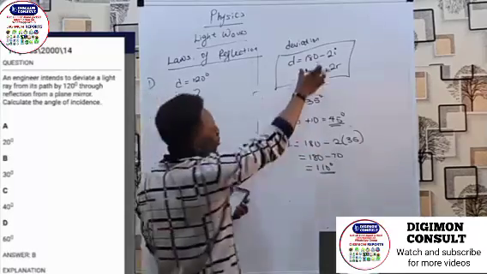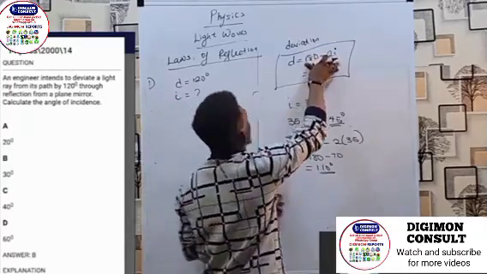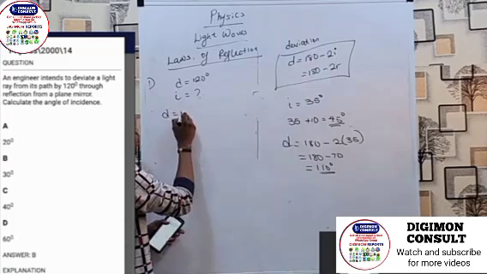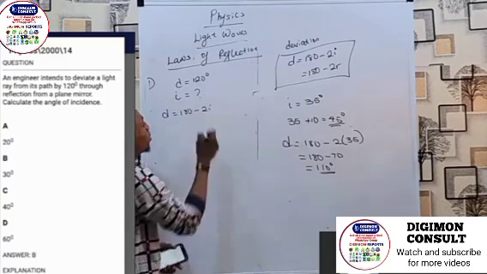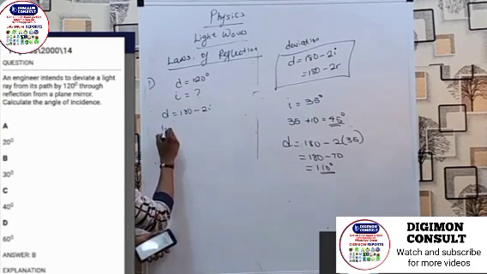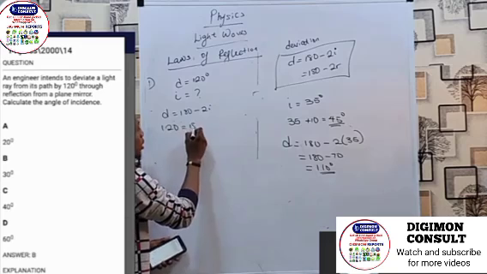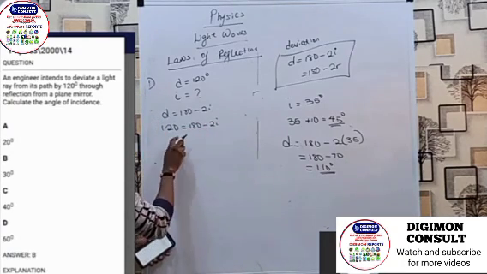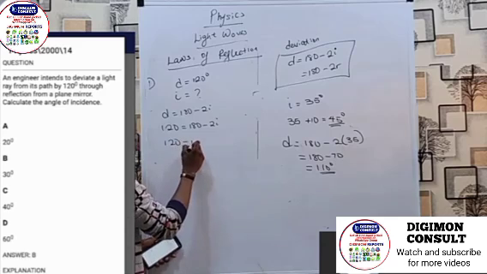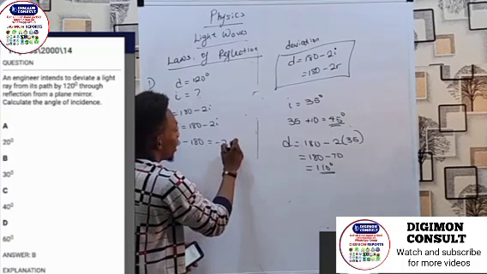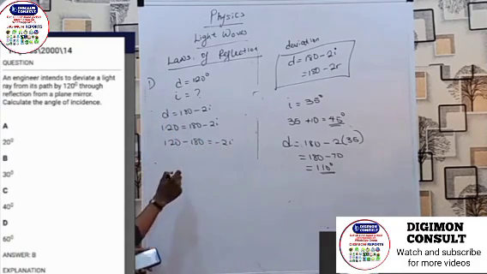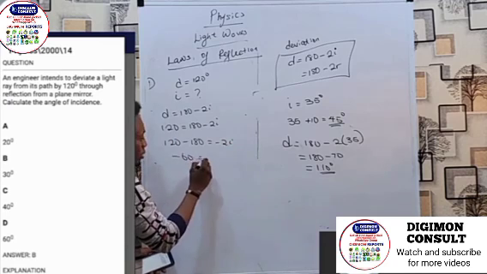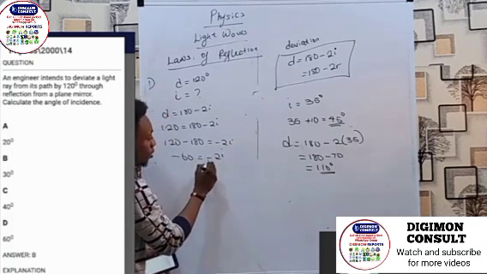Deviation is 120. We want to find the incident angle. And to solve that, look at this formula for angle of deviation. Deviation equals 180 minus 2i. So if my deviation is 120, that will be 180 minus 2i, which I do not know. Collect like terms. 120 minus 180 equals minus 2i. 120 minus 180 is minus 60, equals minus 2i.